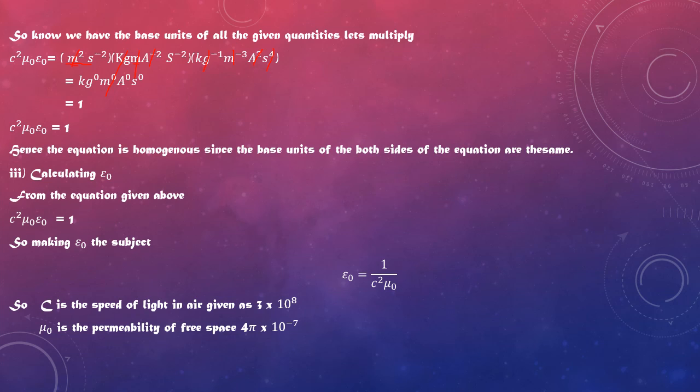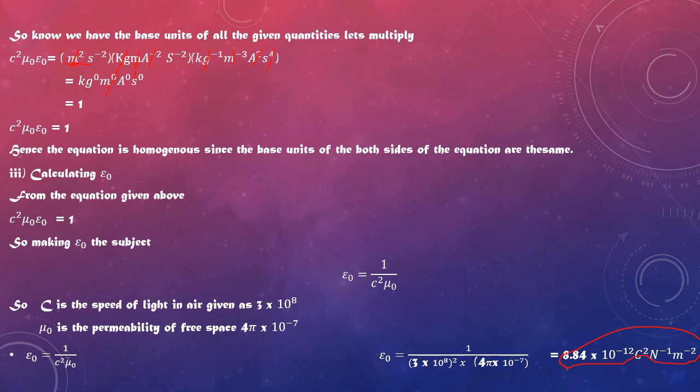Calm down, because I'm sure these values are somehow strange to you, but as you go further, you're going to see them, so don't panic. So if we put them down, we are going to have 8.84 times 10 to the negative 12. So this is the answer, and those are its units as we earlier found, but now we have given it in its form of dimensions. Thank you.